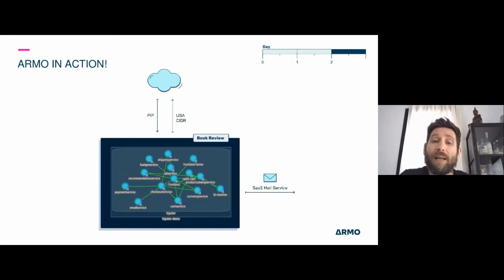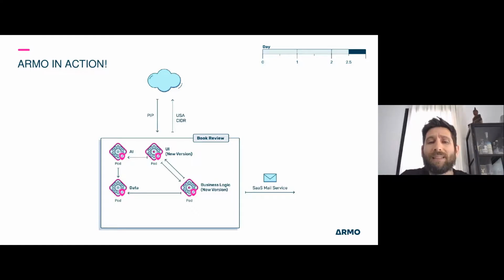The second thing I get is visualization of all the traffic patterns. Who talks to whom? Who initiates the traffic? What is the port? What is the service? Whether it is encrypted or not, I can see it visually, and I understand that. And in case a new pod is being scheduled, as long as it has the ARMO guard in it, it can communicate freely.